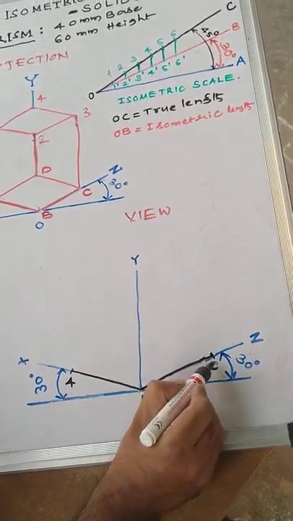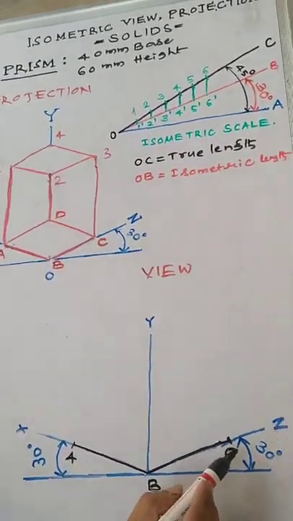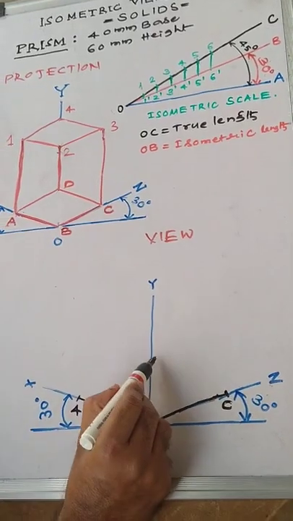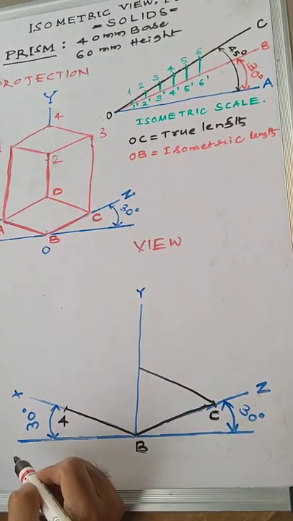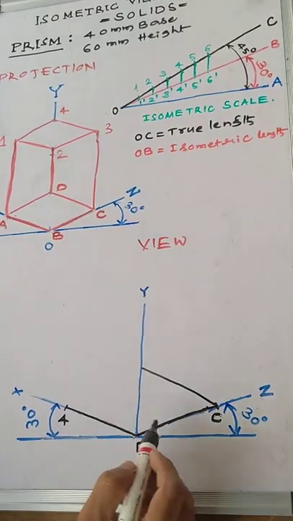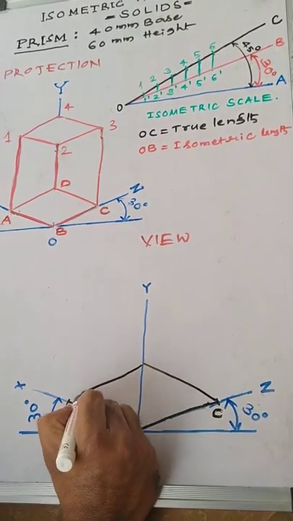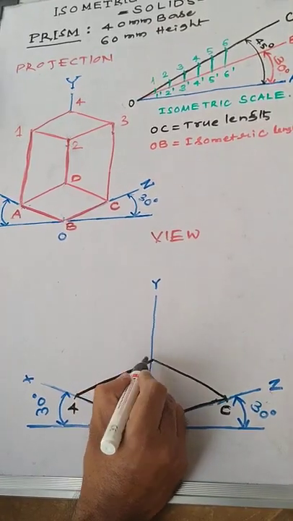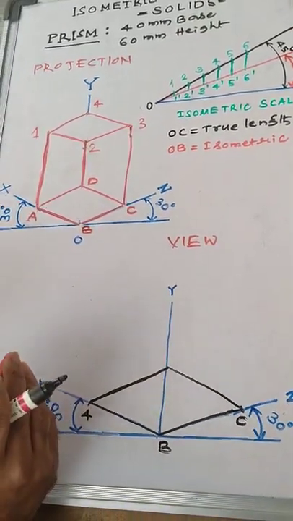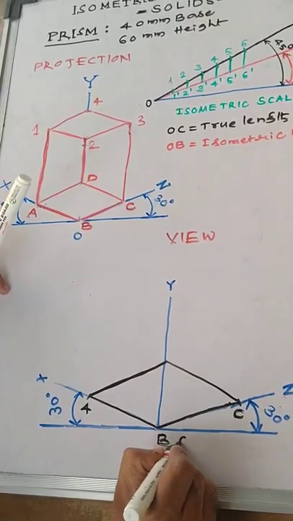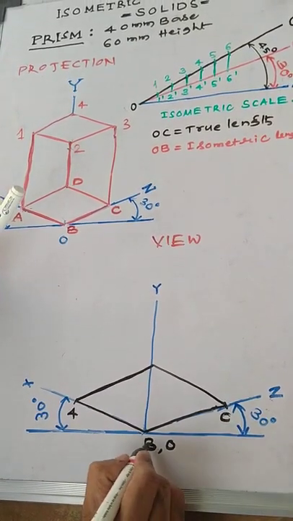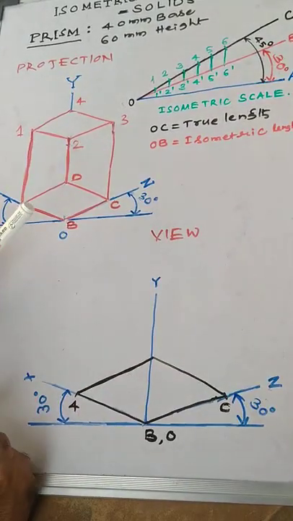Now passing through C point, draw a parallel line to OX. Draw a parallel line to OZ passing through OZ. Now this point is O. The base is completed.